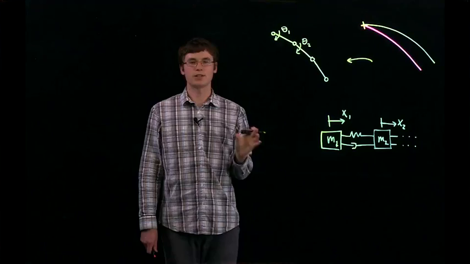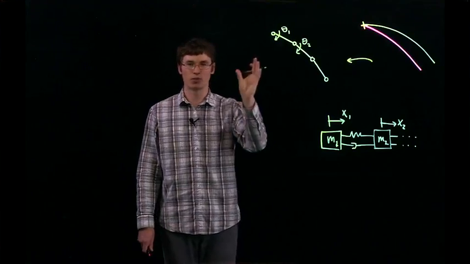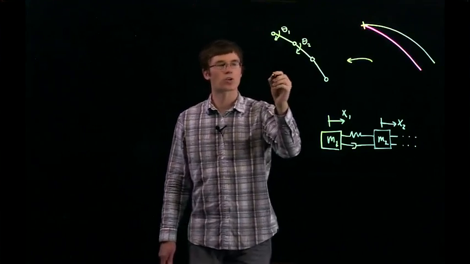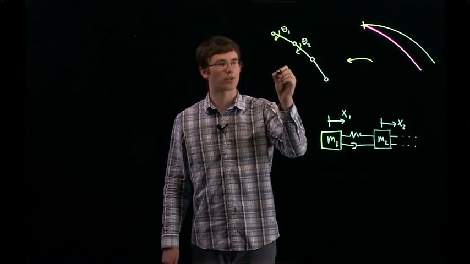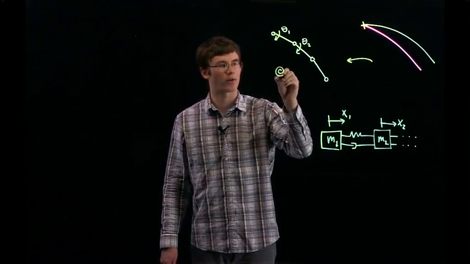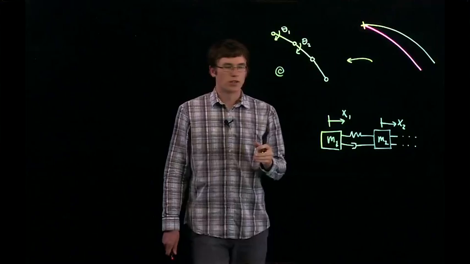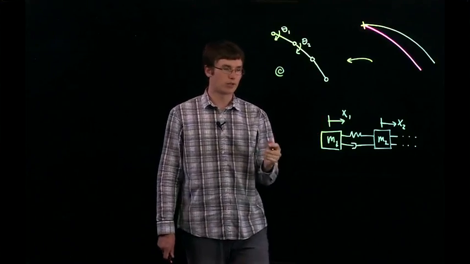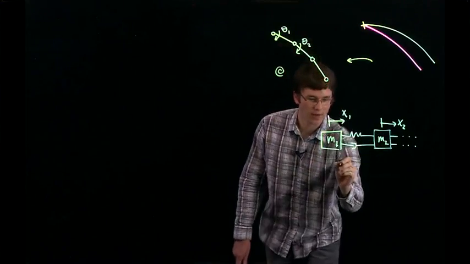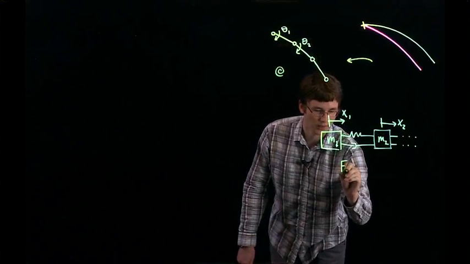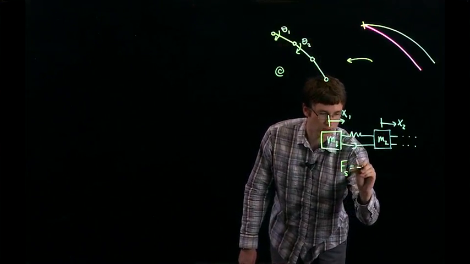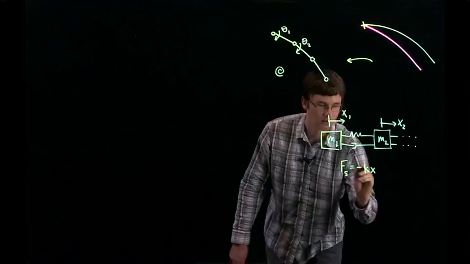We can also build in spring and damping elements into the whisker by using what are called torsional springs and dampers. The symbol for a torsional spring is this little spiral right here. So for instance, in this system with the linear displacements, we might have a constitutive law for the springs that looks something like this. F sub s equals negative kx.